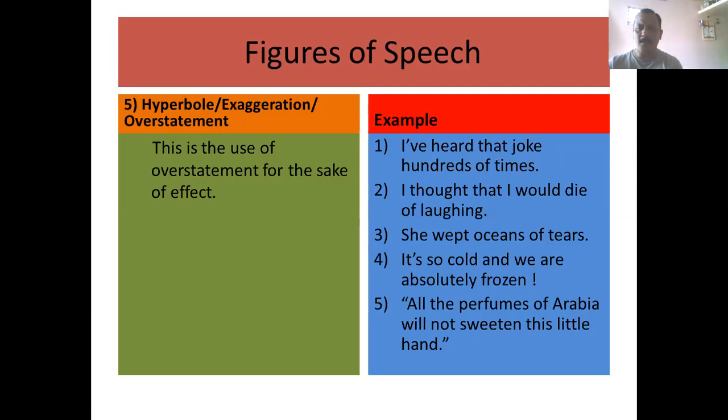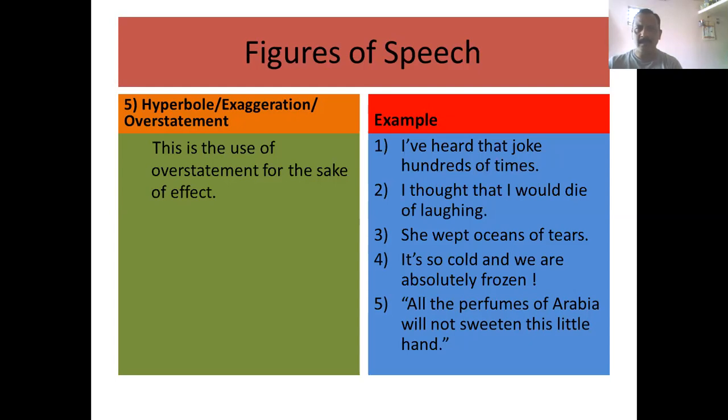Bottles of perfumes are there, or cans of perfumes are there, and they are not going to sweeten this little hand. Our hand is so little. So the poet is exaggerating the point, and because of that, in this figure also, you will find that hyperbole, exaggeration, or overstatement is there.